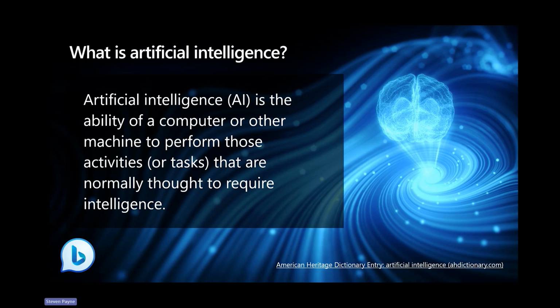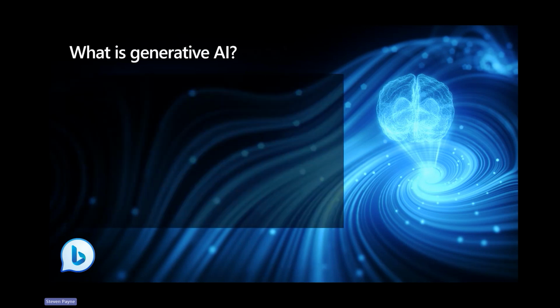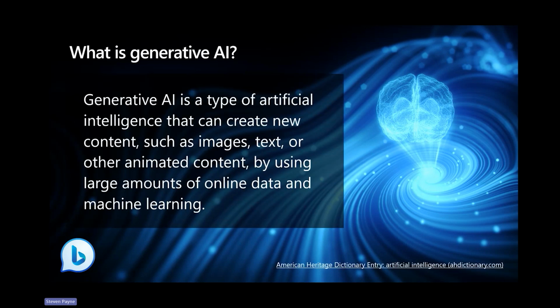There's different types of artificial intelligence, but the one that we're going to be focused on today is generative AI. It's got different names depending on where you come across it. But this is a type of artificial intelligence that creates new stuff. So it generates new things.